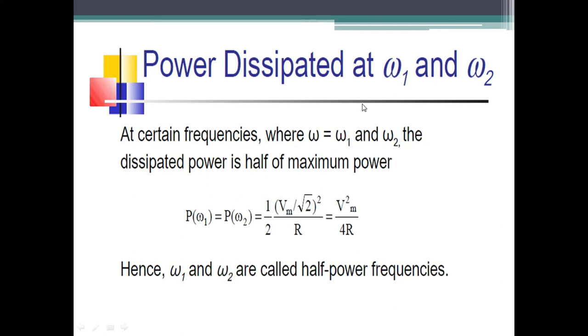That's why P of omega 1 is equal to P of omega 2, which is equal to 1/2 Vm upon root 2, whole square, upon R. That is Vm square upon 4R. Hence omega 1 and omega 2 are called the half power frequencies.